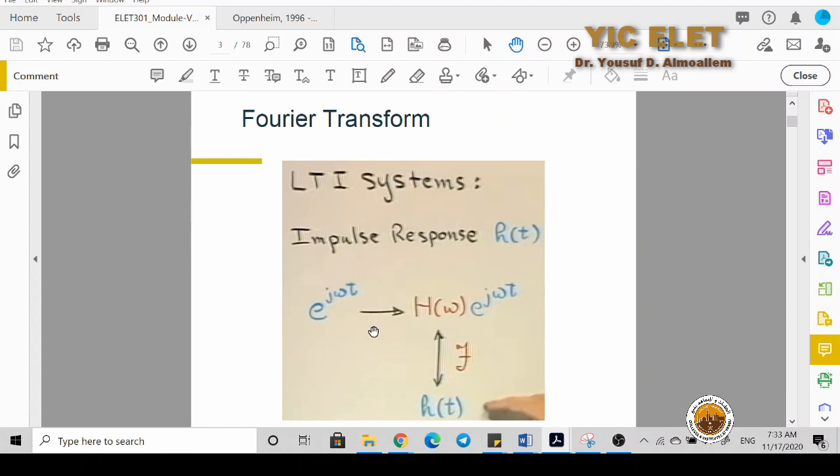If we do have this as an eigenfunction, we could multiply it by this impulse response. So if we put this as an input to the system, the output of the system will be just H of t. So this is why we used the exponential functions as our means to move from time domain to frequency domain.